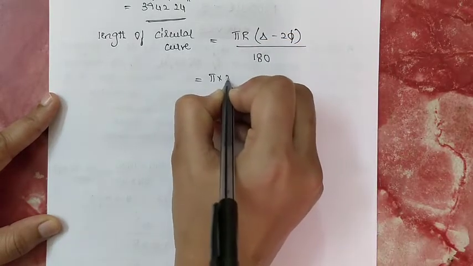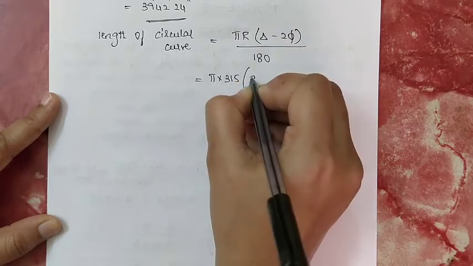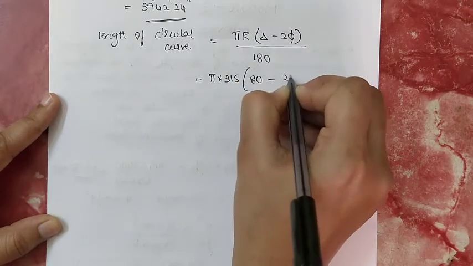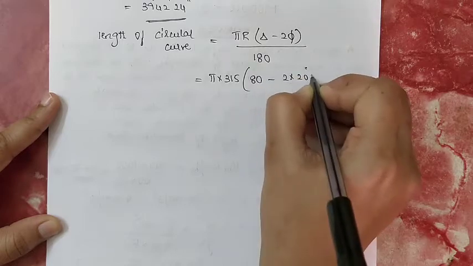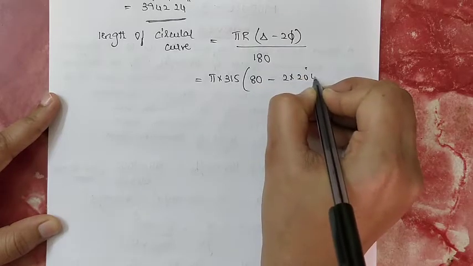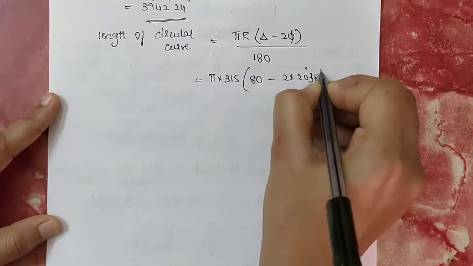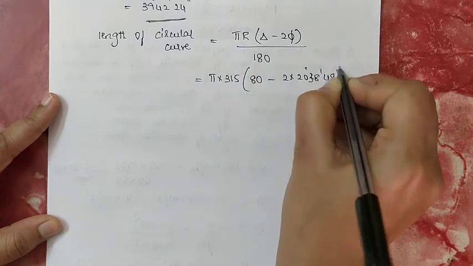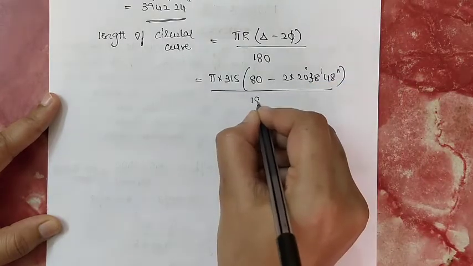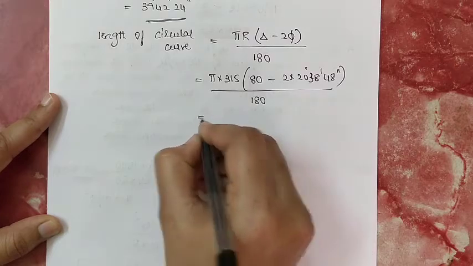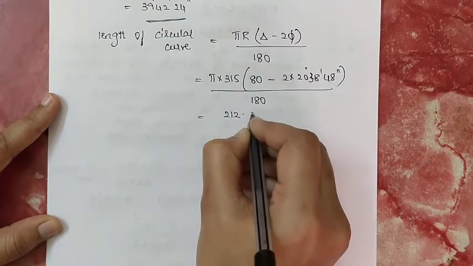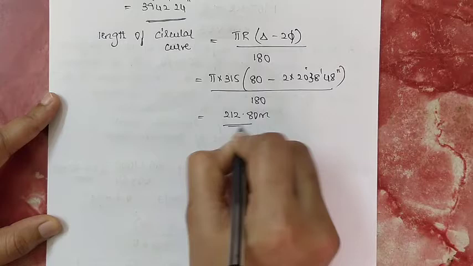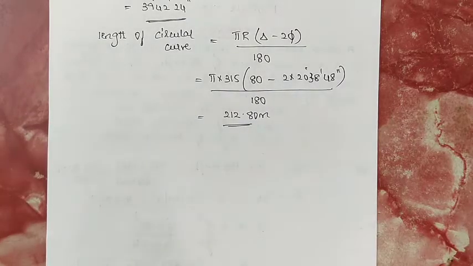Pi into R value, 315, into delta value, 80 minus 2 into 20 degree 38 minutes 48 seconds, whole divided by 180. Upon simplification you will get 212.80 meter. This is the length of the circular curve.